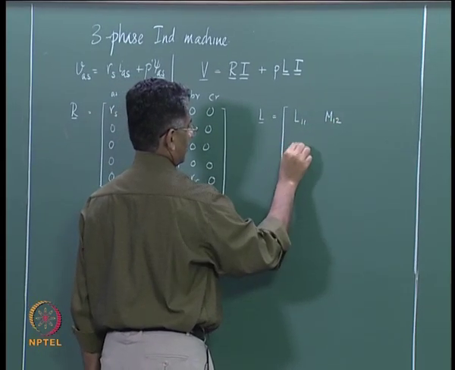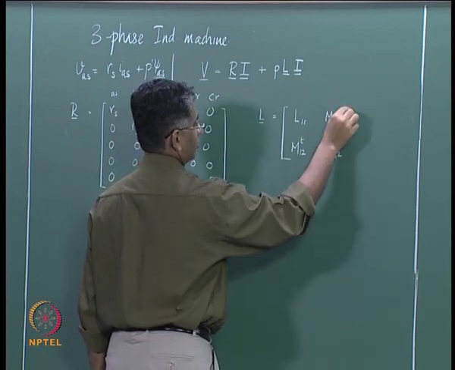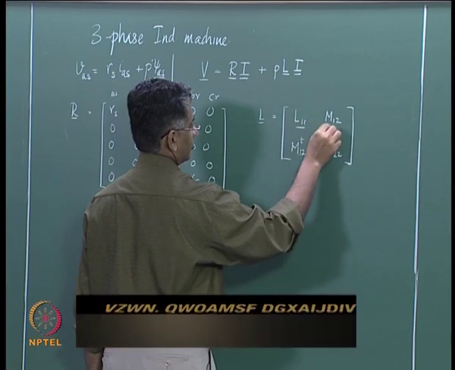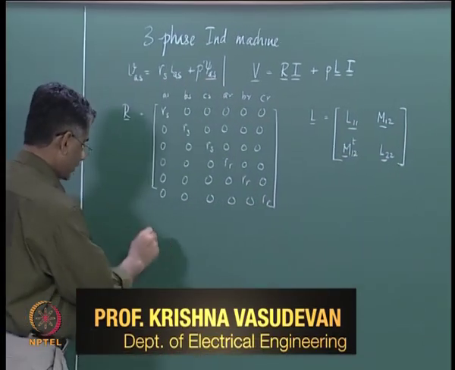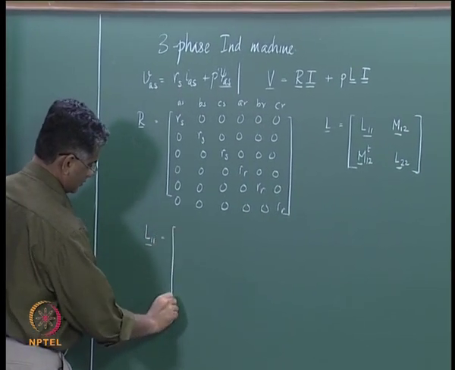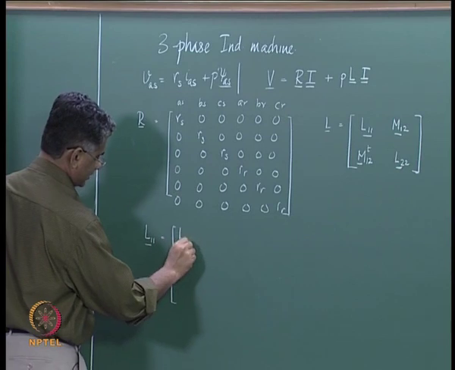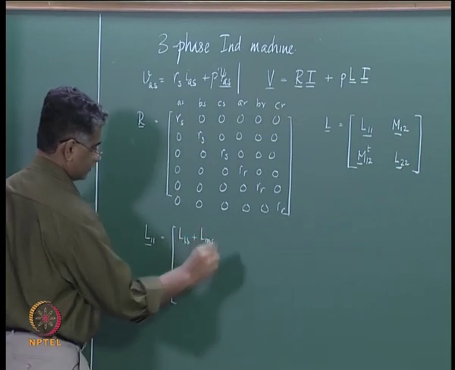M12, M12 transpose and L22, where each is a small submatrix by itself, where we can write L11 as LLS plus LMS.